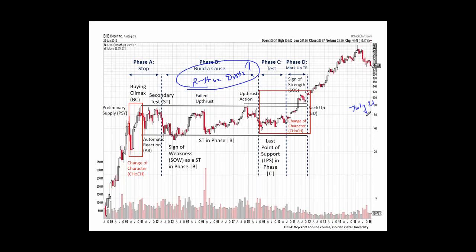But what happens in reaccumulation is it's just like accumulation in that the volatility is very high early in the area, and you can see the volatility coming out of Biogen as you go from phase B, which tends to be very volatile. Phase C will tend to be much less volatile. Phase D will have volatility to the upside. And so what you'll notice here is that the volatility is coming out of Biogen, which is a classic sign of accumulation.